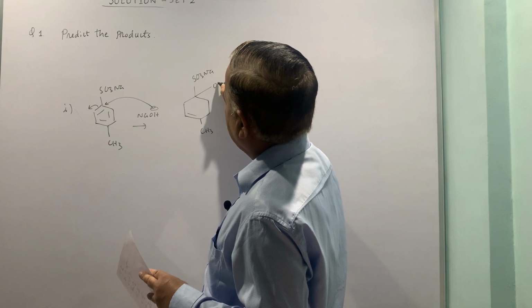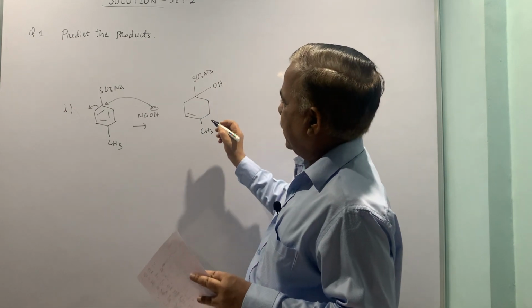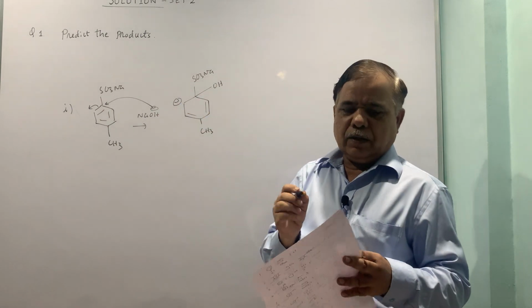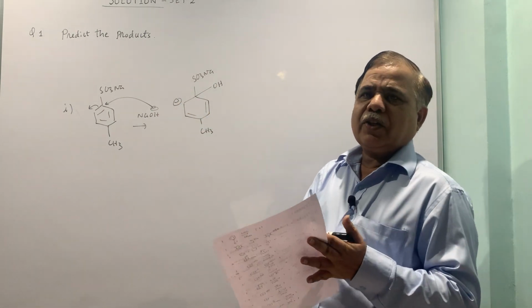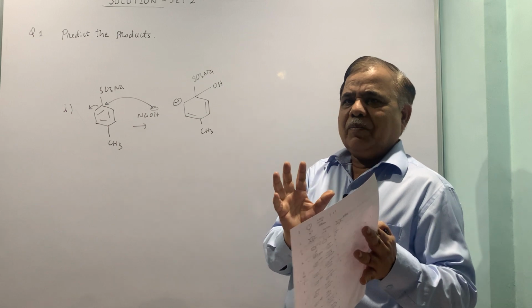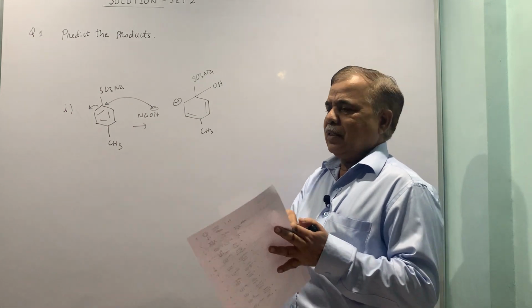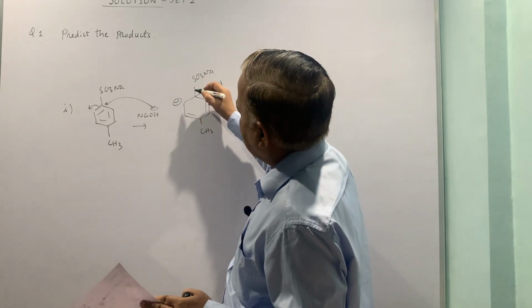This is the new group which is coming over here. The double bond is intact here and negative charge is there. Now wherever we are writing negative charge, it is accompanied by Na plus, so no need to write, otherwise that becomes an additional thing.